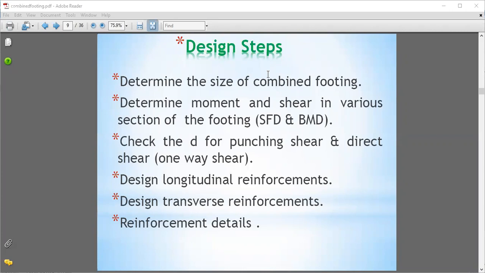Second point is that if isolated or single footings are used and there is overlapping of the footings, then we can use the combined type of footing. बघा दोन single footing आहेत and if the area is less, these two single footings are overlapping with each other.